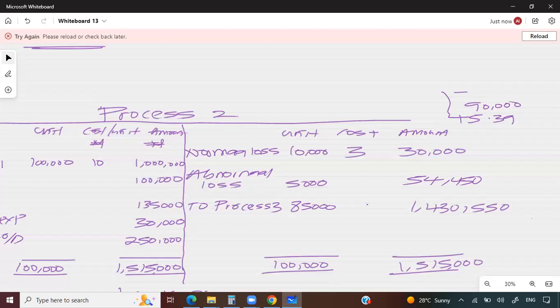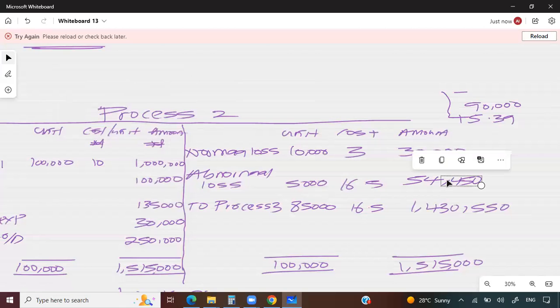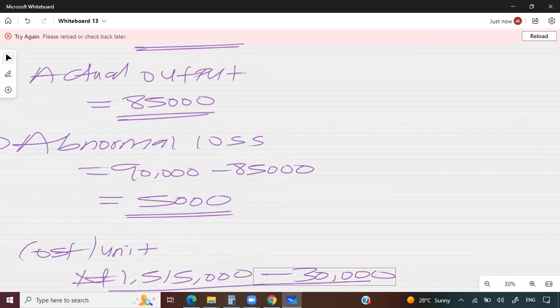Please don't forget to take care of the value of the numbers. If we can attach a value to it, otherwise it will be nil. So this is 16.5, and this is also 16.5. So 5,000 multiplied by 16.5 gives us 82,500. Because the difference is even much, and the difference is not supposed to be much. 82,500.